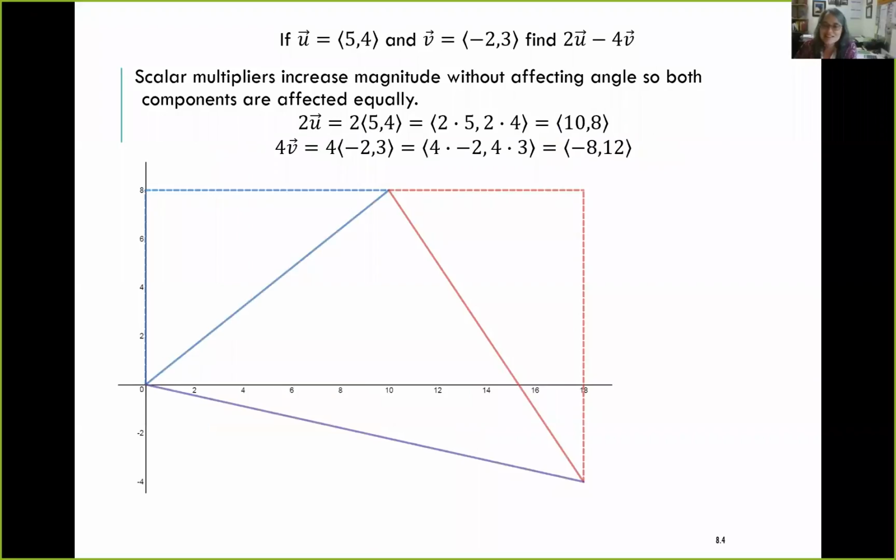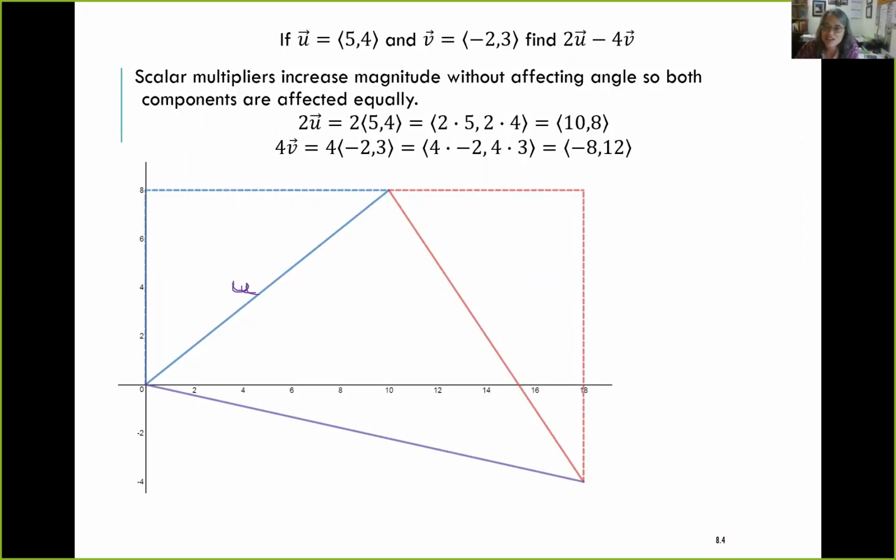All right, let's try another one. So I've got two vectors here. I've got a vector u that has an x displacement of 5 and a y displacement of 4.